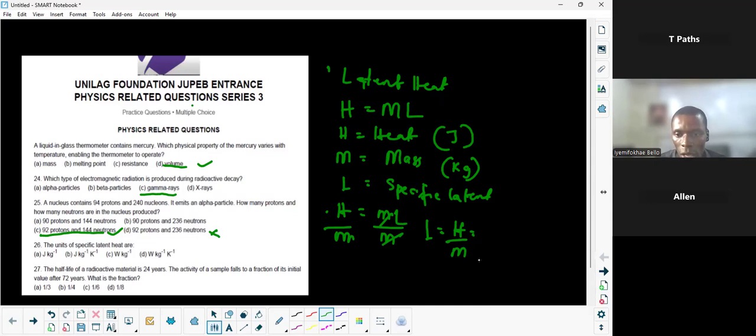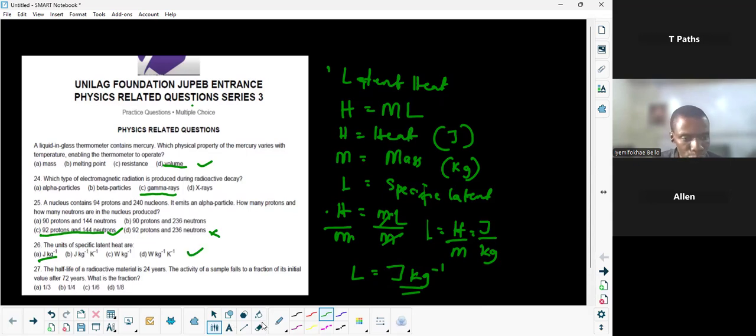The unit for H, which is your heat, is J, and the unit for M is kg. So it means that the unit for latent heat is joules per kilogram. Joules per kilogram. And the answer there is A. 26. The answer there is A.